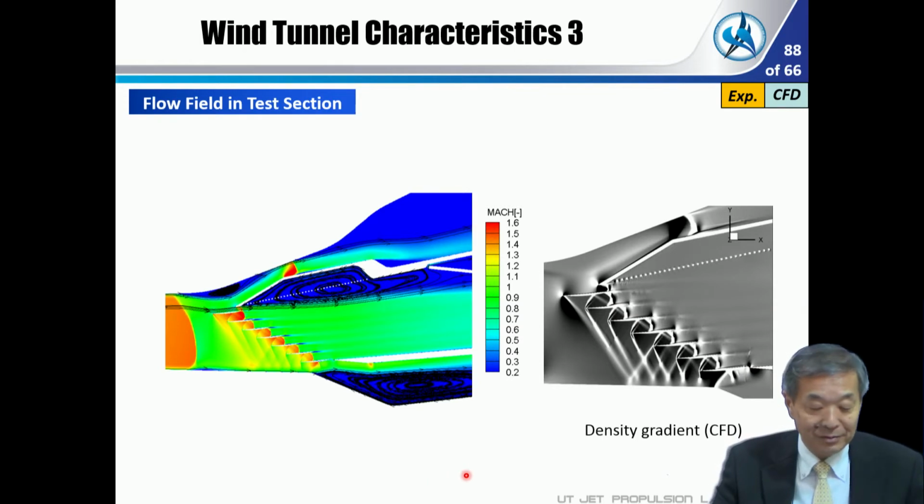And the flow field in the test section, it's CFD results. And we can clearly detect the density gradient like here. And we can have uniformity, at least these 3 blades in the middle point. But we can find some flows outside of the test section like this.